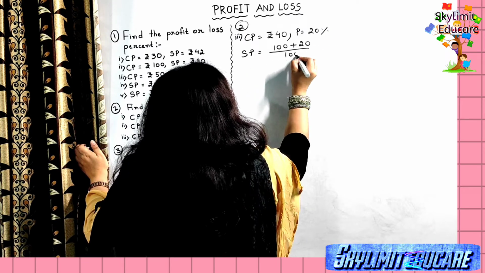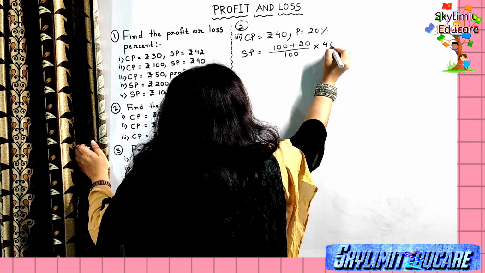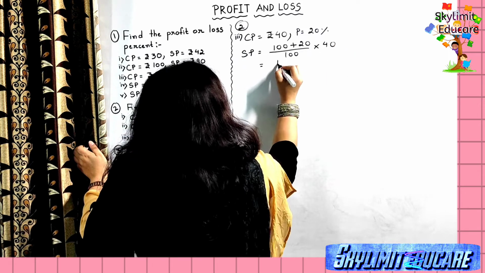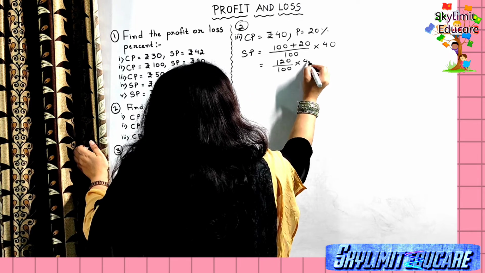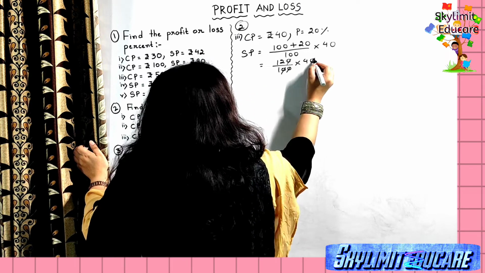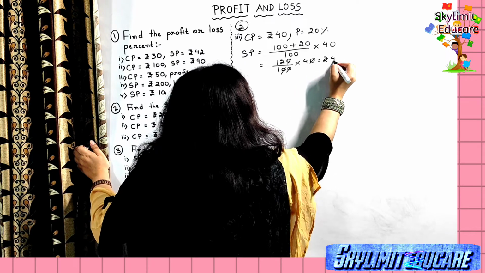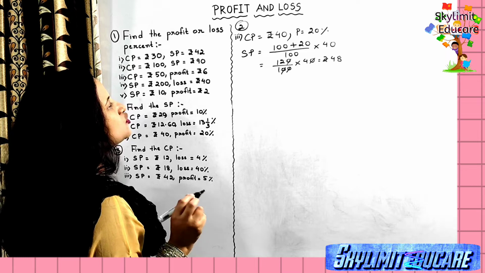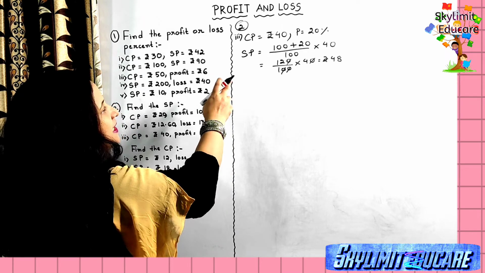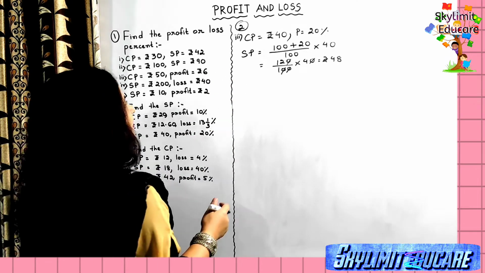Divided by 100 multiplied to cost price, that is 40. So 120 by 100 multiplied to 40. So 0, 0, 0, 0 cancels out. So we got rupees 48 as the selling price, and the profit is 20%. So rupees 48. That means selling price should be greater than the cost price, right?